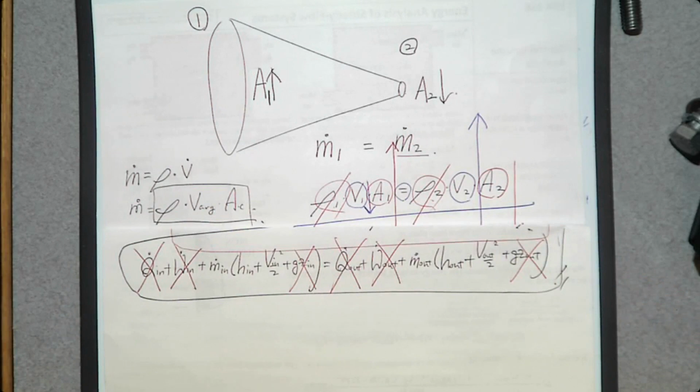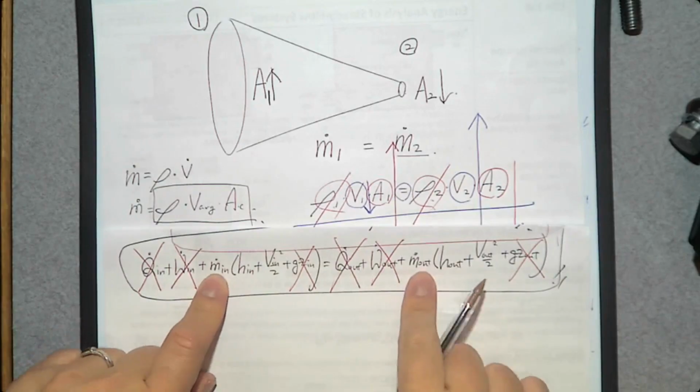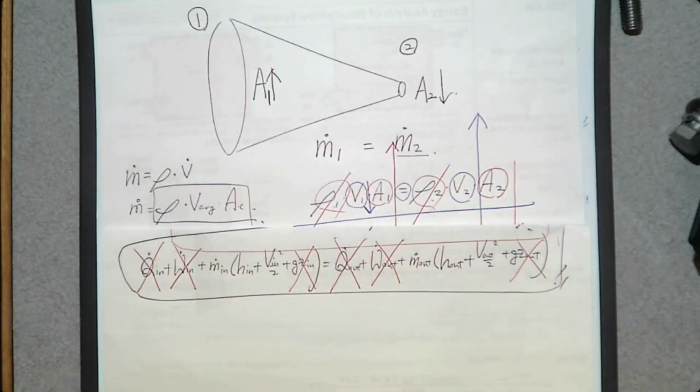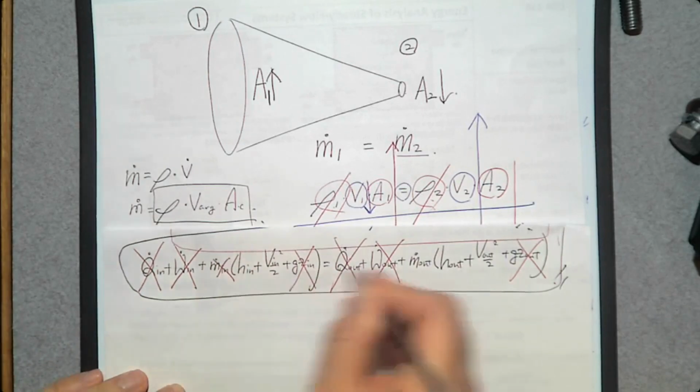The mass flow rate at the inlet should be the same as the mass flow rate at the exit, because you cannot create or destroy mass. Is this correct? In thermodynamics, yes. In nuclear engineering, no, right? So anyway, M dot at the inlet is the same as M dot at the exit. The mass flow rate should be the same because we only have one inlet, one exit. So you can cross them out.